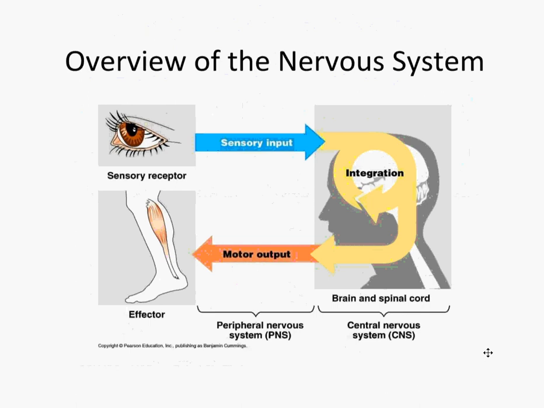First part is sensory input. This is input received from the outside world. It could be from any of the 5 senses, and that sensory input is going to be some form of energy. It's going to be light energy, it's going to be pressure or heat or vibrations, or even smell and taste are chemical energy.